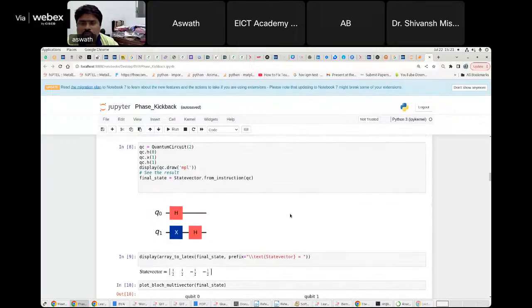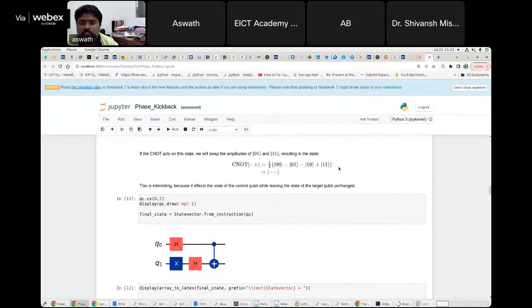So it is already done in this equation so that they can figure out what this output corresponds to in terms of plus and minus basis. In the plus and minus basis, if you see, this is minus minus. This is minus, minus. Now what is happening?